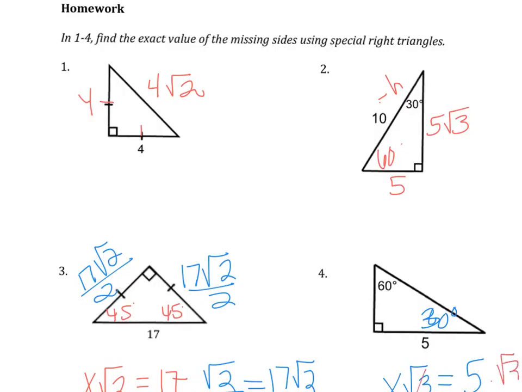So times a radical 3 over a radical 3, and we get 5 radical 3 all over 3. So that's the side opposite the 30-degree, and we're just going to multiply that by 2 and get the hypotenuse. So 10 radical 3 over 3.